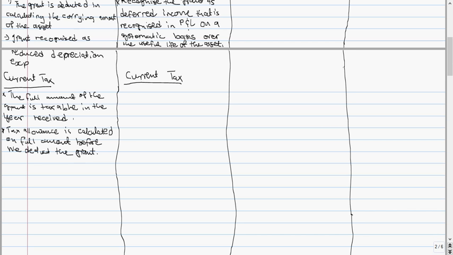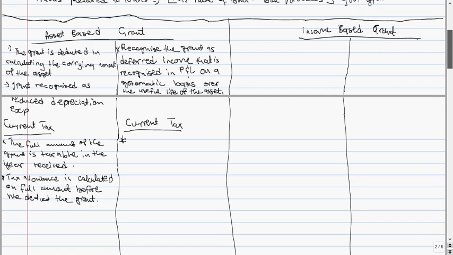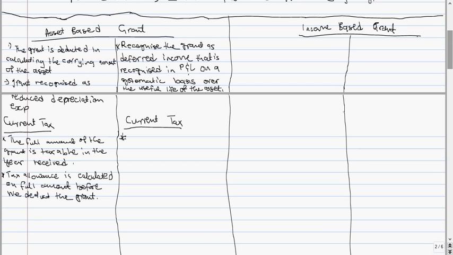Okay, and then we are saying for tax purposes, the full amount of the grant is taxable in the year in which it is received. Those are the two important points concerning current tax there. And if you are recognizing the grant as other income, as deferred income that is recognized in profit and loss, here we're just saying the full amount of the grant is taxable in the year received.